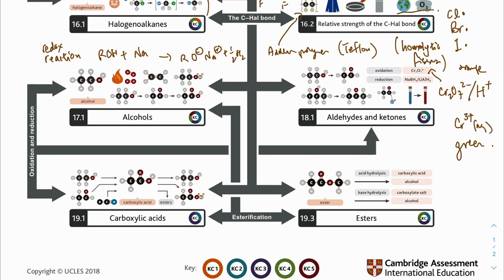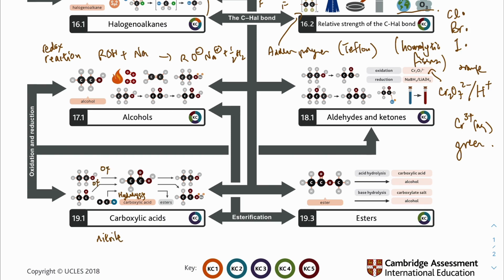In carboxylic acid chemistry, we talk about its formation from oxidizing a primary alcohol, or from oxidizing an aldehyde, or from a hydrolysis. This one is not oxidation, this is hydrolysis of something called a nitrile, whereas these two are oxidation.